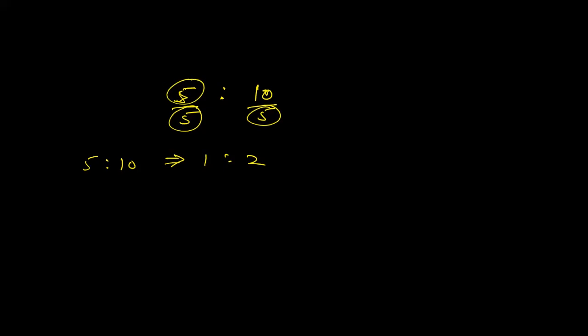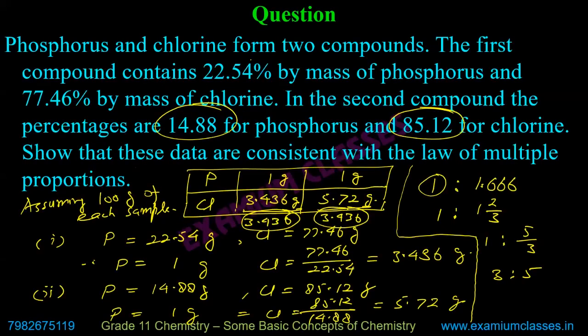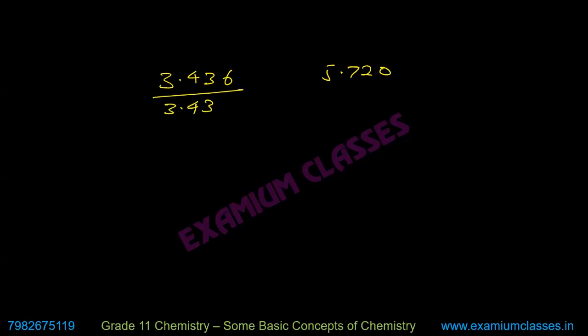In this case, why did I do that? Because I had 3.436 and 5.72, and none is close to integers. And if I multiply one by something, even then I am not sure whether I'll get an integer or not. So in those cases, I will convert the smaller one to integer.